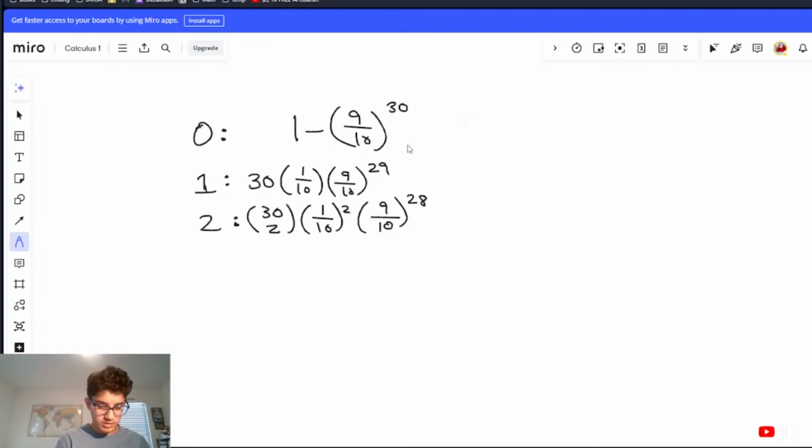1 minus 0.9 to the 30th power plus, that's basically just 3 times 0.9 to the 29th power. And then plus, what is 30 choose 2? We should just quickly calculate that. 30 times 29 over 2, and then basically over 200. So this cancels out with this.